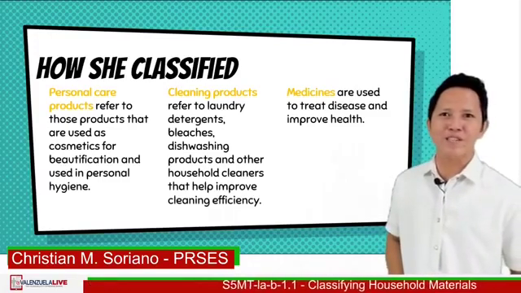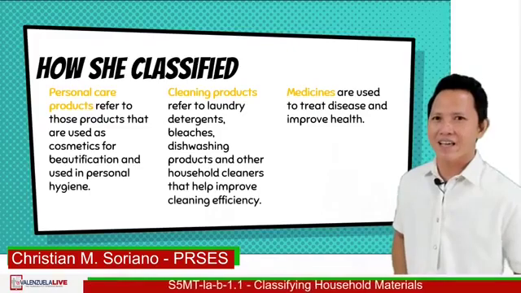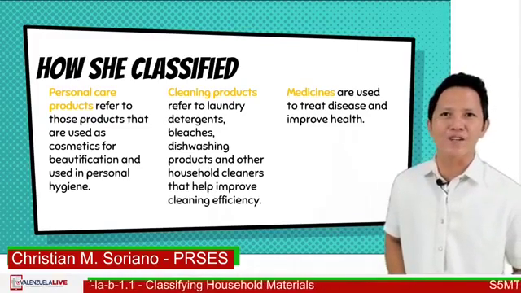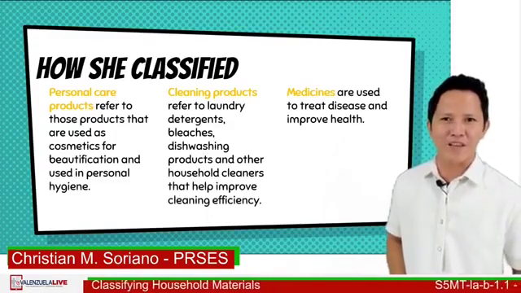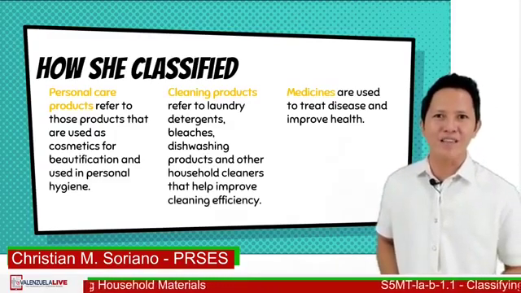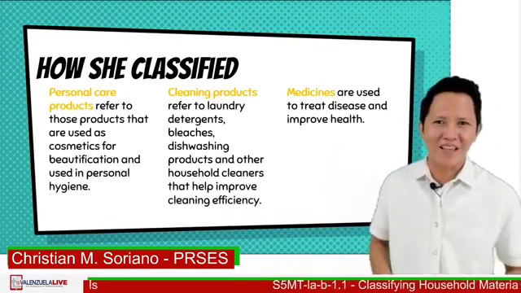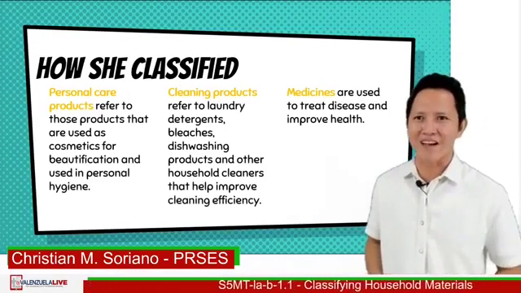So we have the personal care products. They refer to those products that are used as cosmetics for beautification and used in personal hygiene. How can we sum up the personal care products?